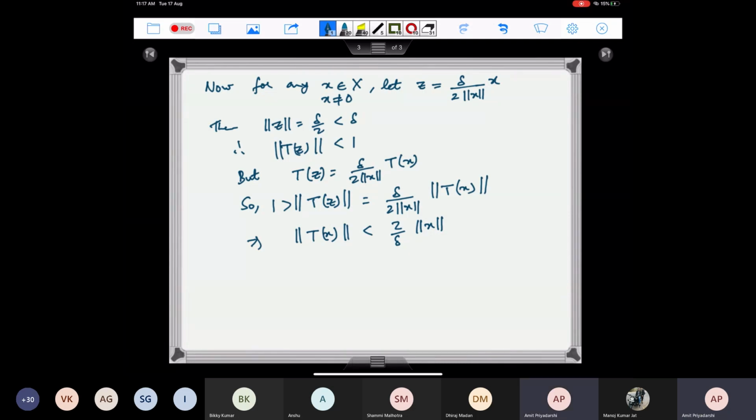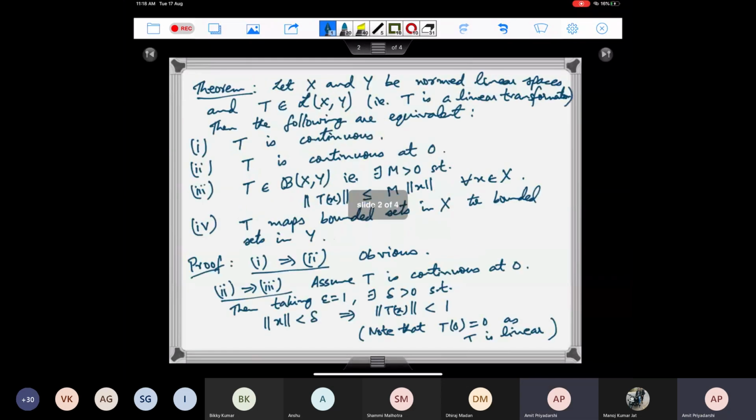So therefore, norm Tx is less than or equal to this 2 by delta times norm x for all x in X. As we have shown that for non-zero x, this is less than this, and for x equal to 0, of course both sides are equal. So this proves that 2 implies 3.